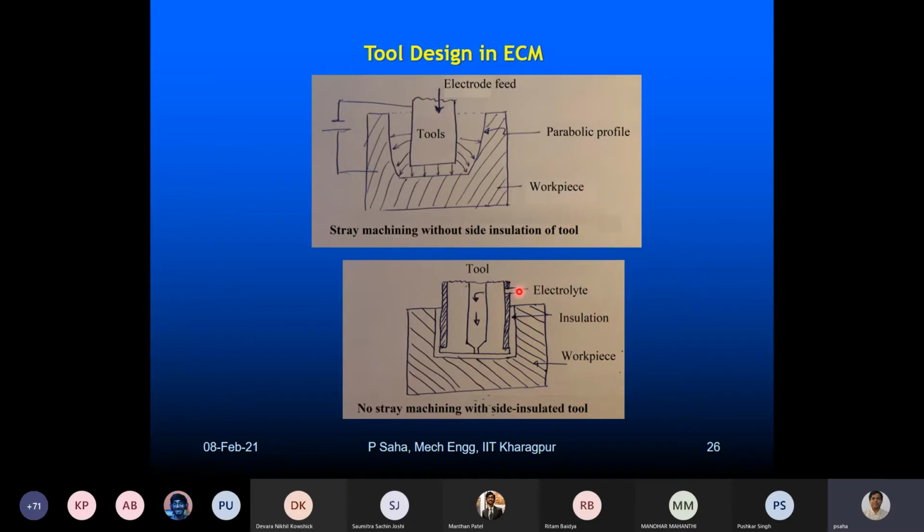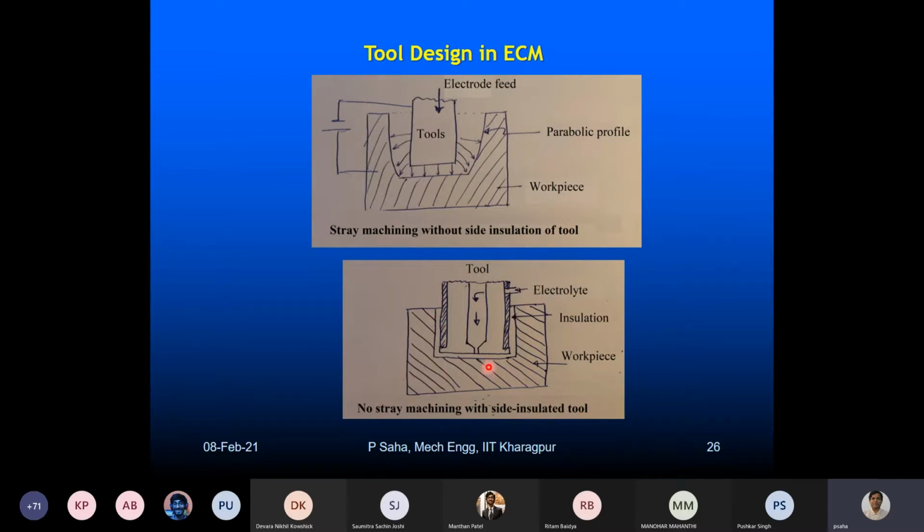So electrolyte is entering through this. It is not seen over here. It will enter, and it will come out either through this or through this. So in this case, there is no side machining. So my problem of maintaining verticality is no longer there, and we get just a surface like this.